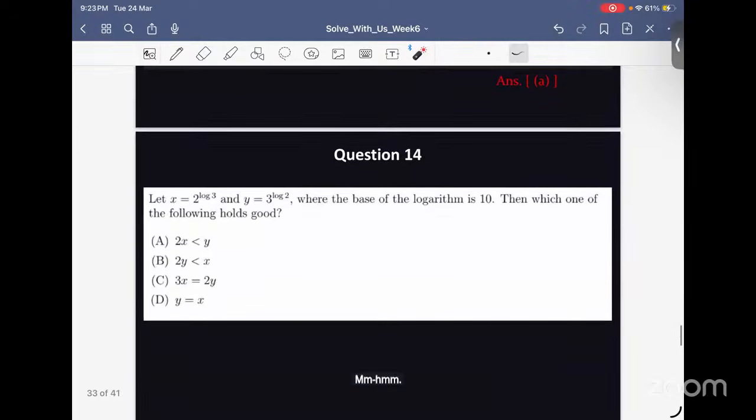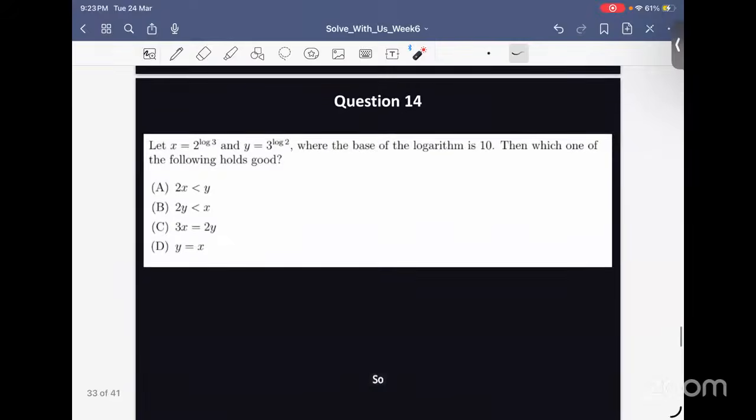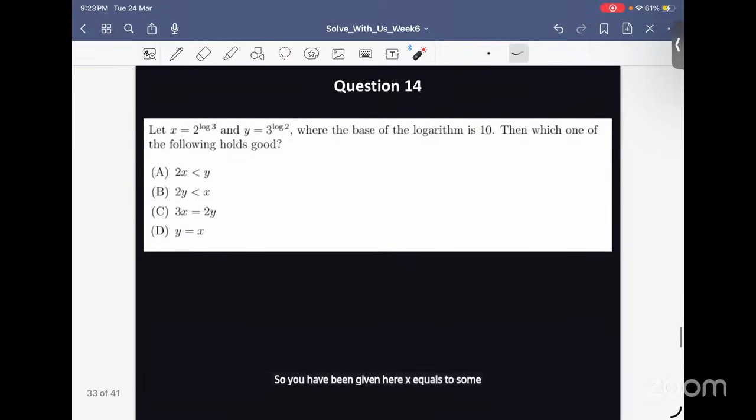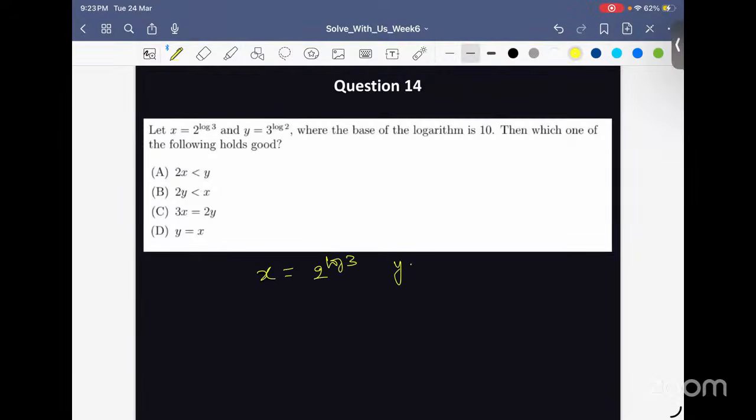Whatever this question is, it says which of the following holds true. So you have been given here x equals to some value. You have to take the base 10 only. Then which of the following holds true?